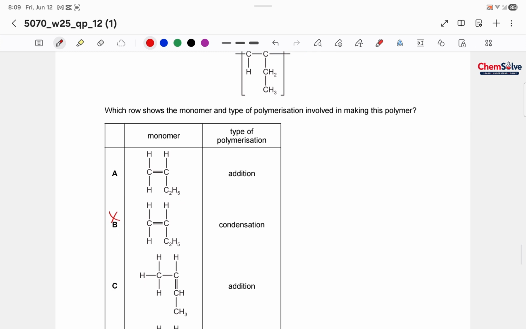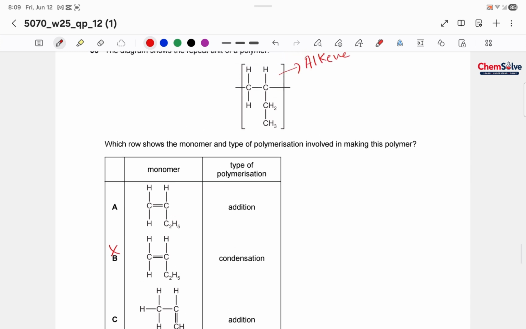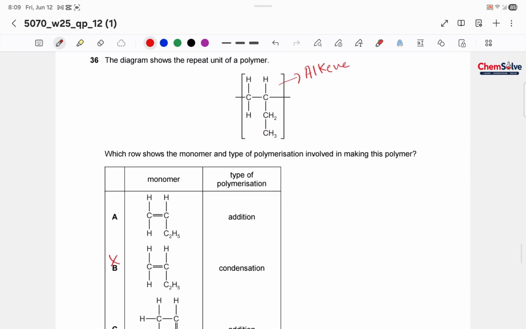All right. So let's make the polymer. It is CH, H, C, H, CH2 and CH3.